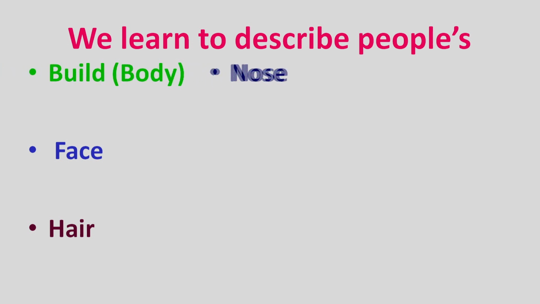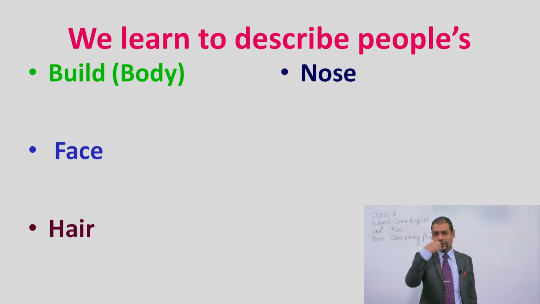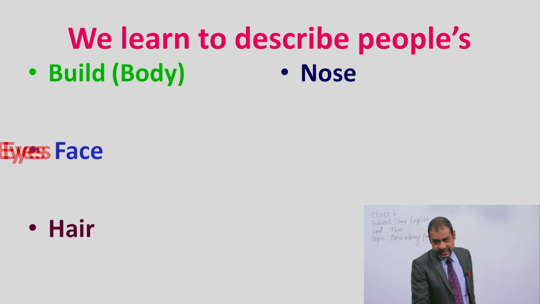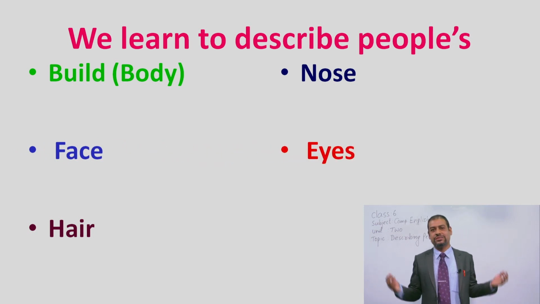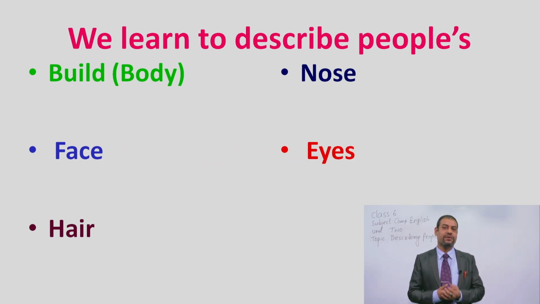Next, we are going to learn about the shape, or type, of nose, whether the nose is very long or very short, or broad, such things we'll discuss, dear students. Then we are going to learn to describe the eyes of people. So based on these 5 parts of our body, we are going to describe people.